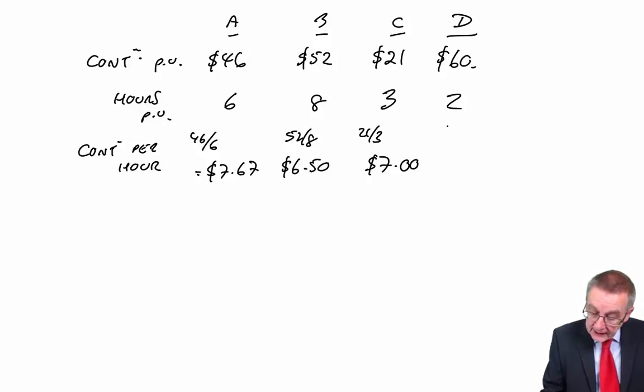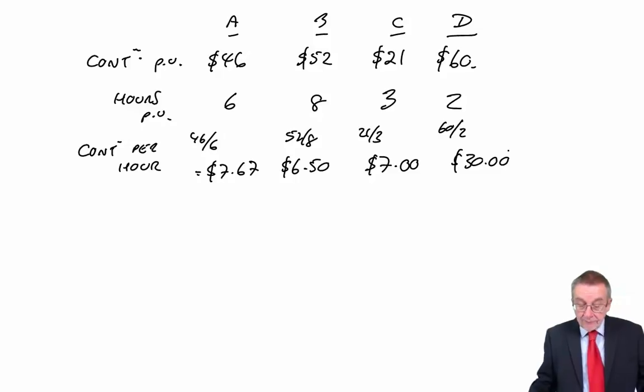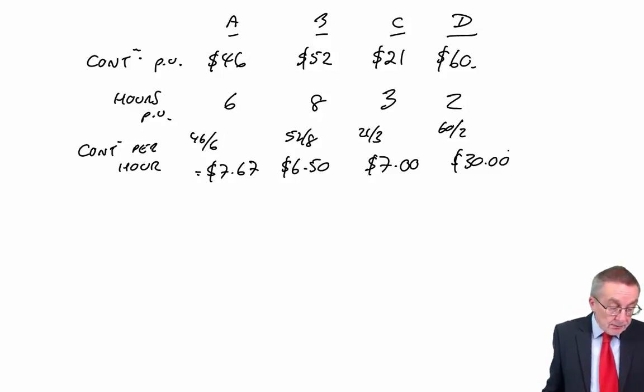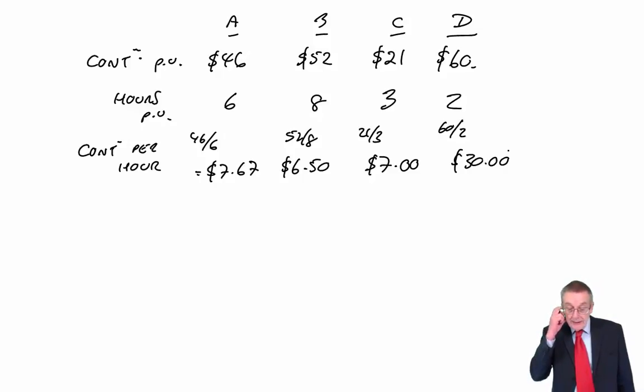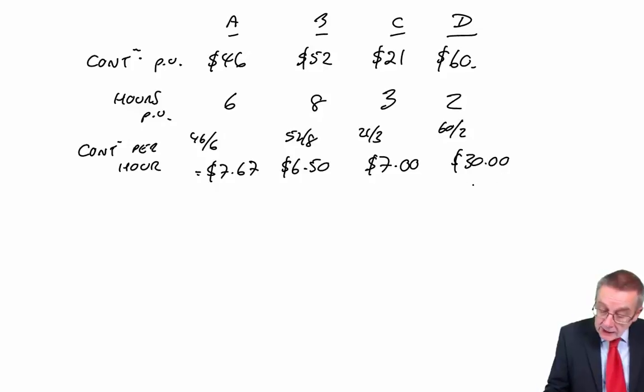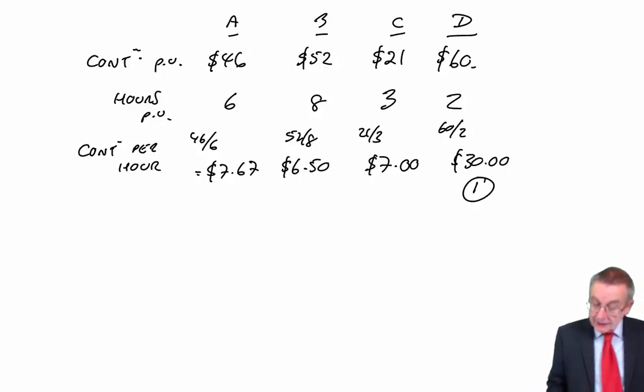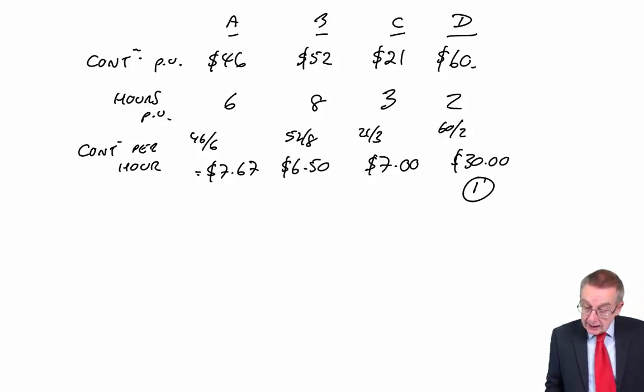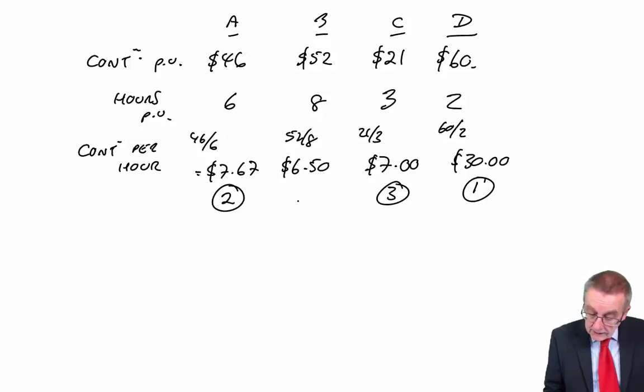And finally D, 2 hours to generate 60, which is 30. But again, we want to use the resources in whichever gives us the best return, best contribution per hour. So in fact, D is the best. We want to make as many Ds as we can. A is second best. C is third best. B is fourth best.